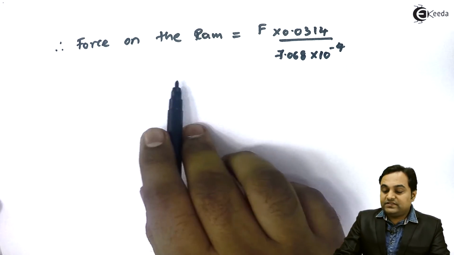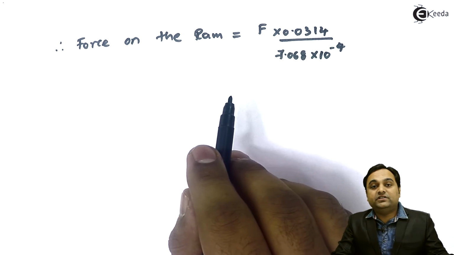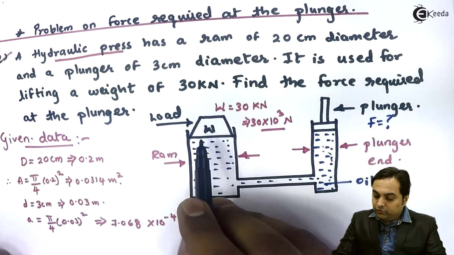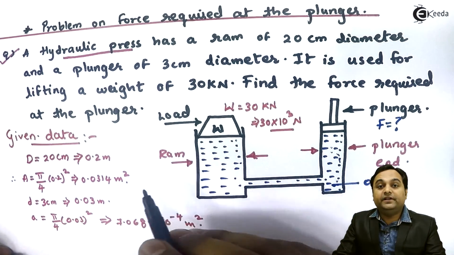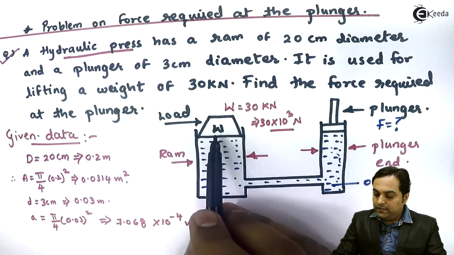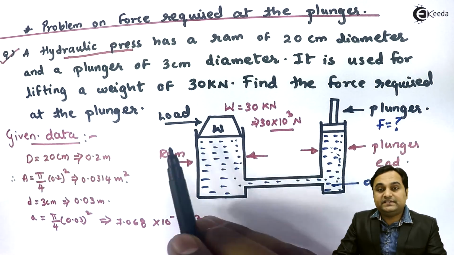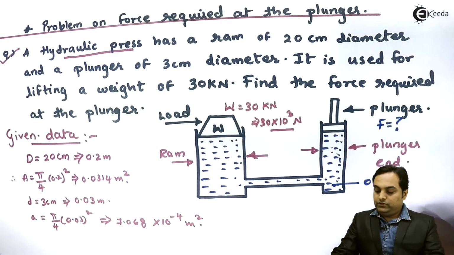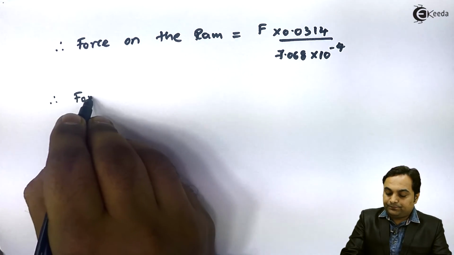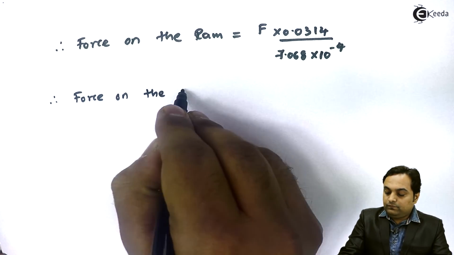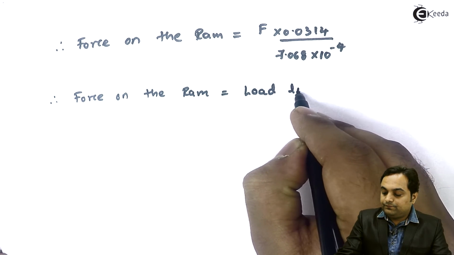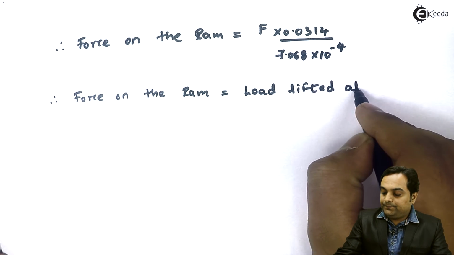Now, this is the force on the ram, but if we see in the data given, the force acting on the ram can also be made equal to the load on the ram, that is the load which we are lifting. That load value is already given. So it is same as the force on the ram. So I'll say that therefore force on the ram is equal to load lifted at the ram.